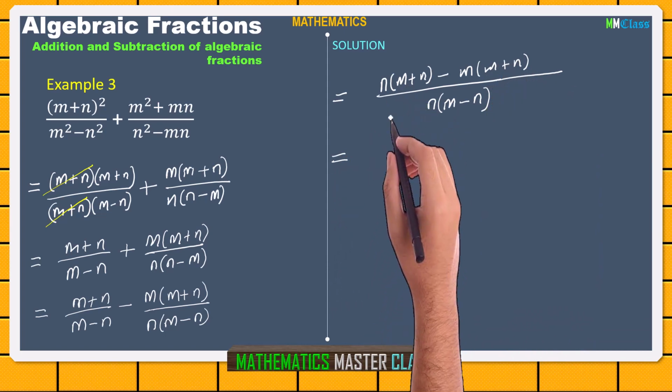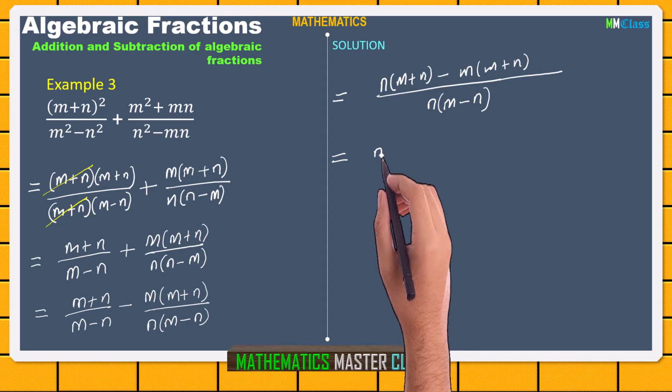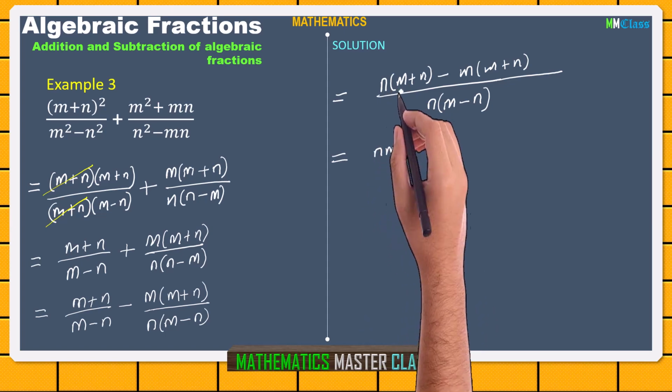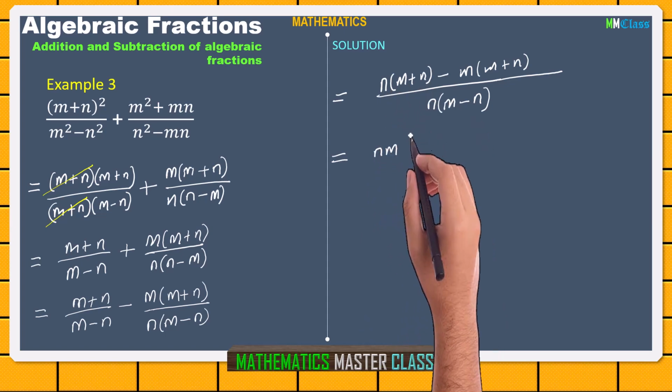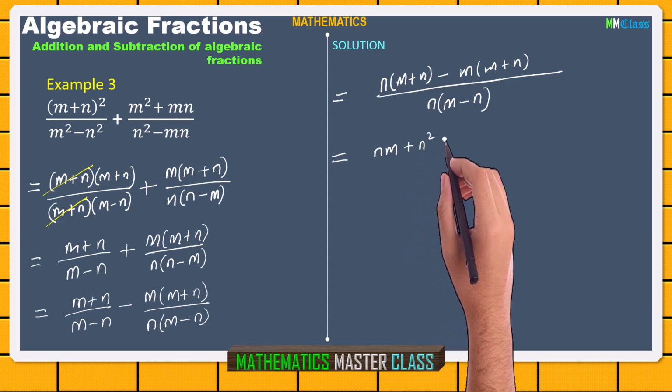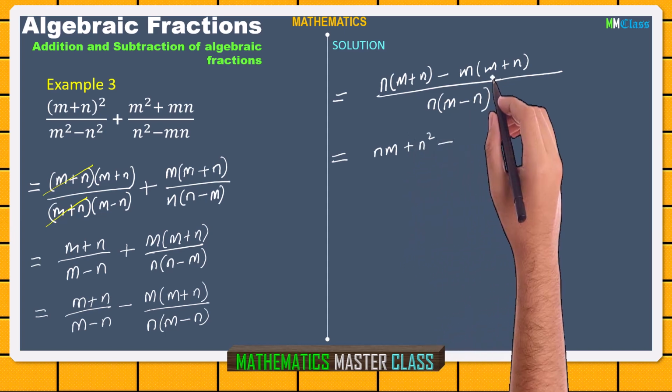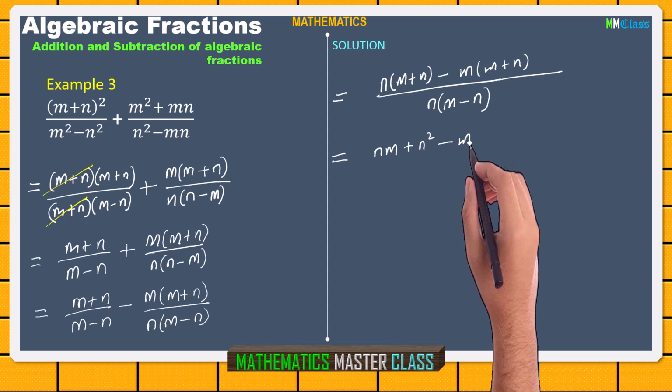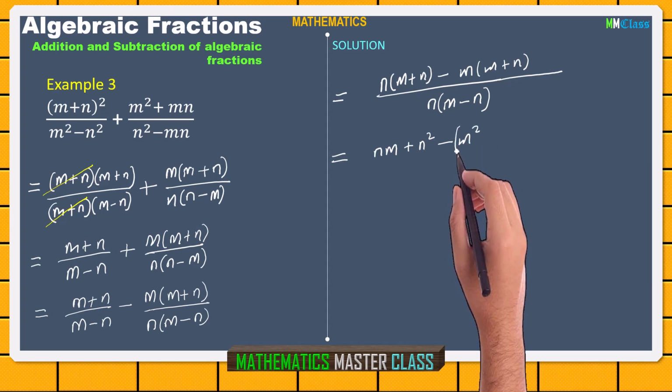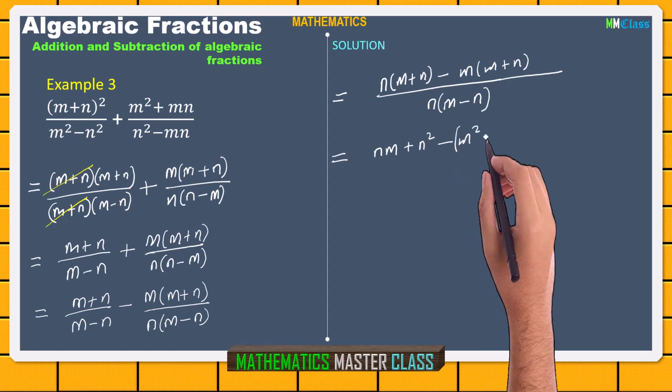So n times m will give us nm. Then n again times n will give us plus n squared. Minus m times m will give us m squared. Remember, because of the minus, you introduce the bracket.